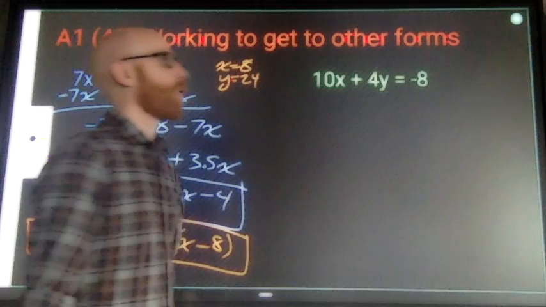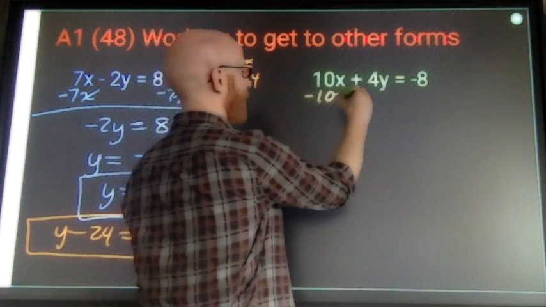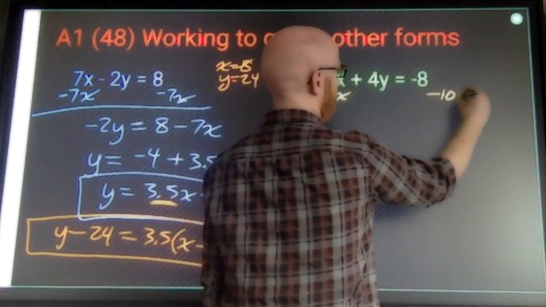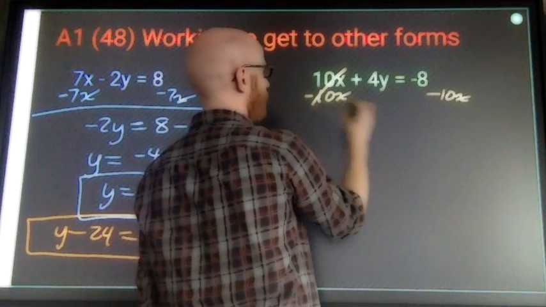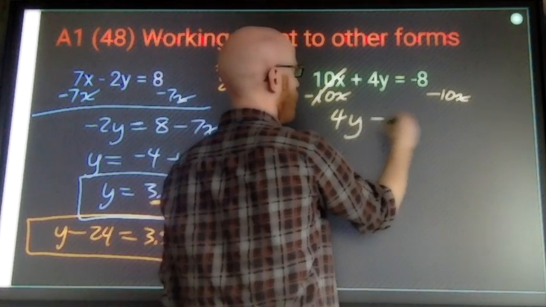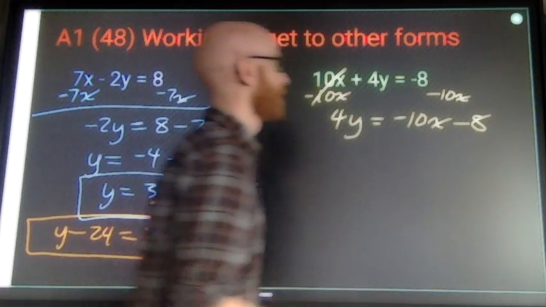Okay, we want to isolate y. I'm going to be a little smarter this time. I'm going to subtract 10x from both sides, but I'm going to keep my x in the front. So 4y equals negative 10x minus 8.